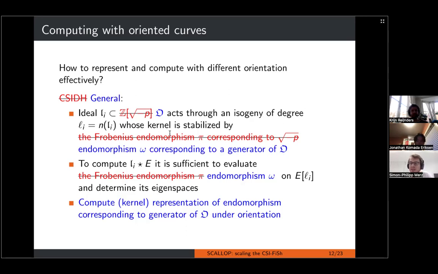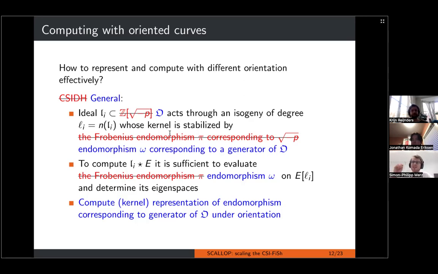And now you can do the same thing as in the CSIDH case. Instead of looking at the eigenspaces of the Frobenius endomorphism, you can look at the eigenspaces of this endomorphism ω that acts on your ℓ_i-torsion. And then again, you can walk left or right.